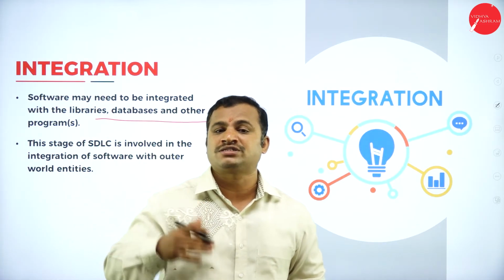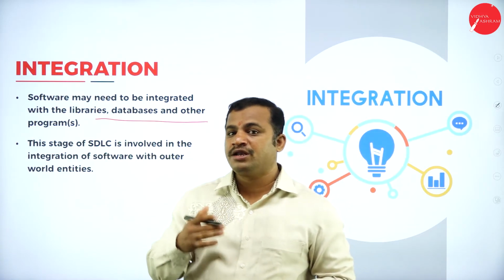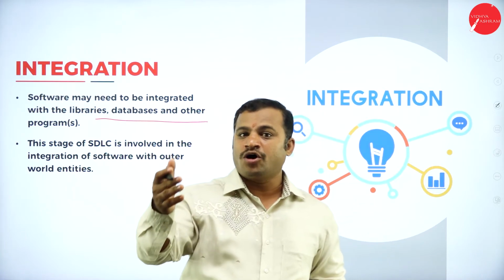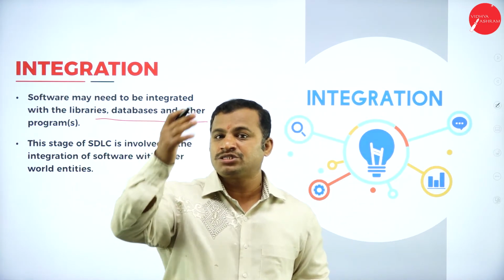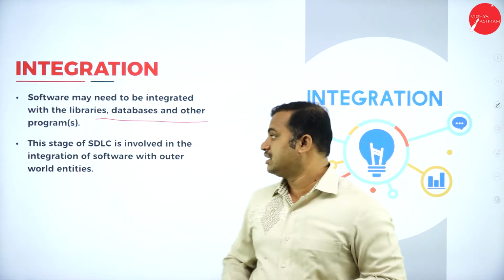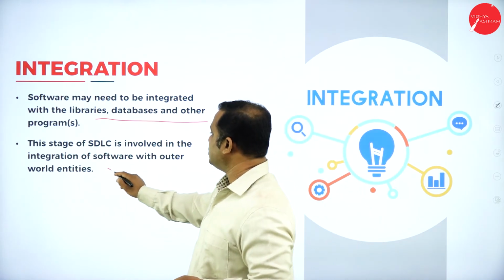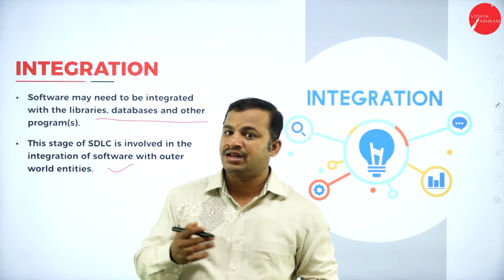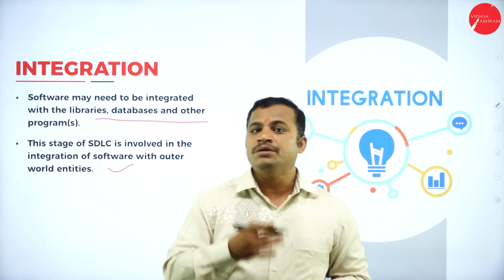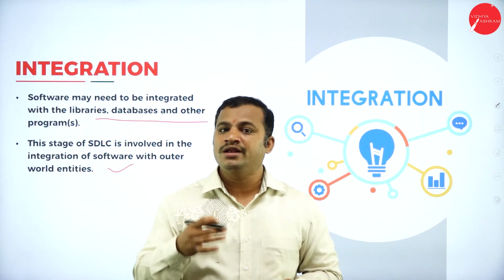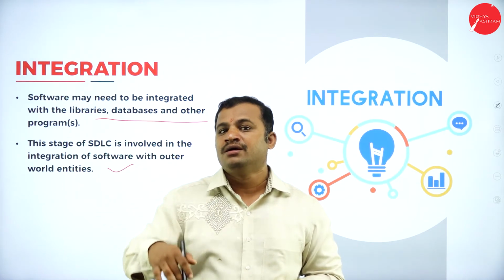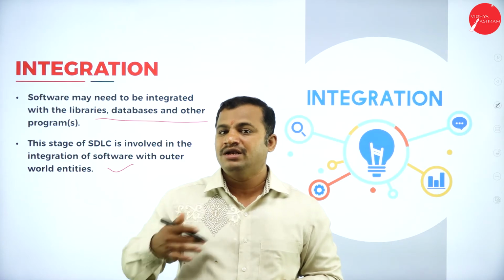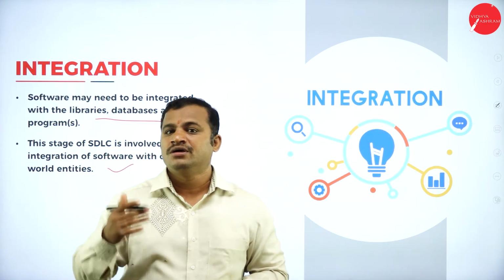Software supported by libraries together is called integration. This stage of the SDLC involves the integration of software with outer world entities. If you import any of the packages or libraries from outside the functional description of this program, then it is called an outside world library.